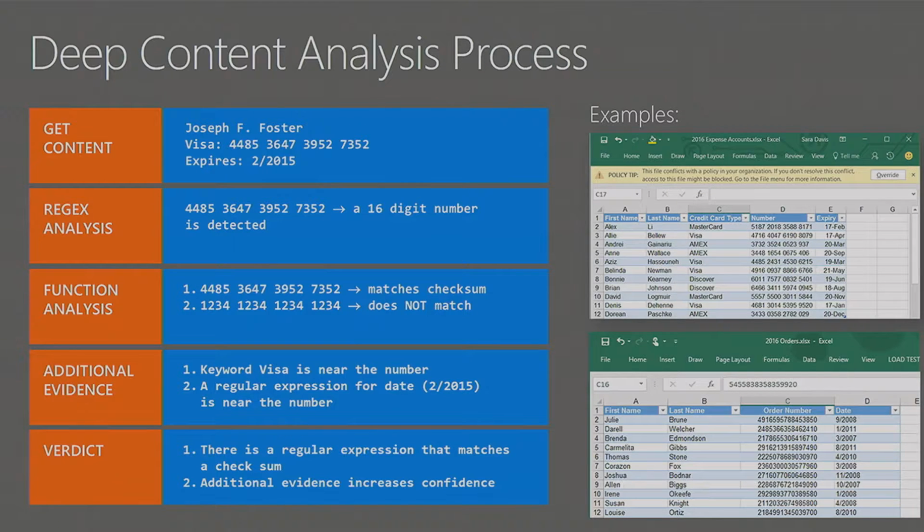Credit cards have checksums, but other things like SSNs don't have a strong binding capability across all the different formats, so additional evidence is very powerful. And at that point, we come up with a verdict on whether it is the sensitive type we think it is or not. All of this is to build higher confidence and minimize false positives for your end users.